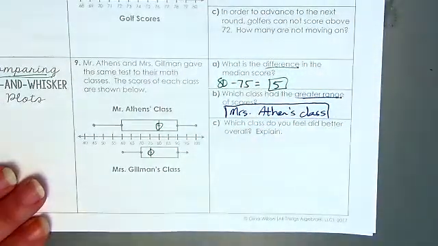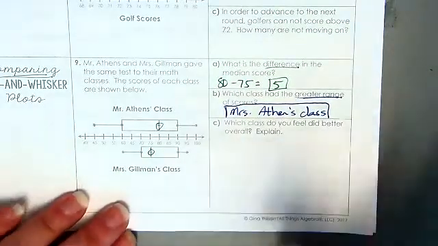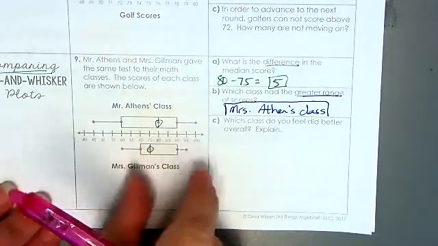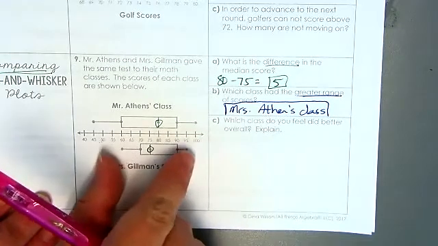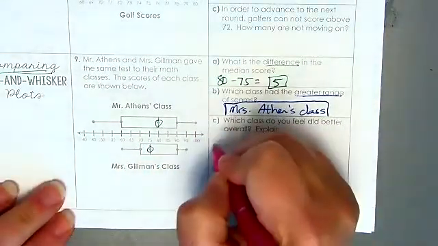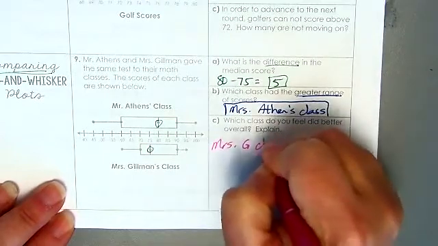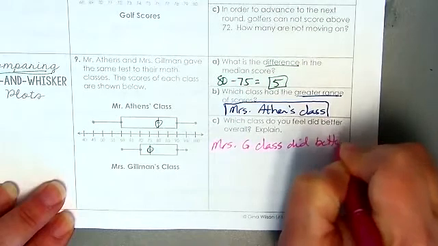Which class do you feel did better overall? Your answers may be different here, but when I'm looking at this, Mrs. Gilman's class is a little bit better. So one example could be Mrs. G's class did better.